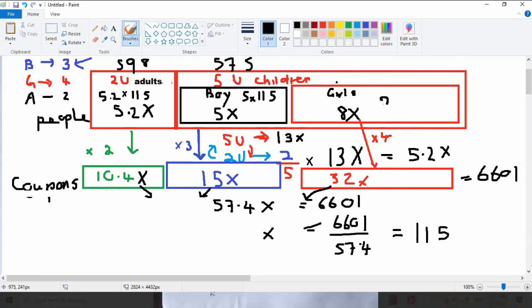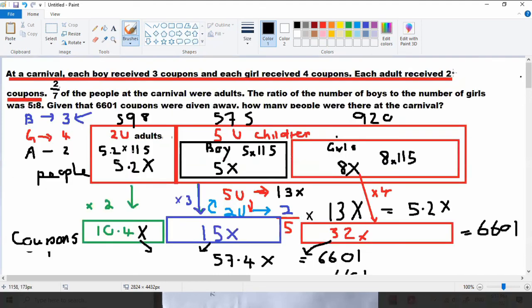Finally, how many girls are there? There are 8 times 115. How many girls are there? 920. Okay, good. How many people were there at the carnival? Oh my God. What must I do?